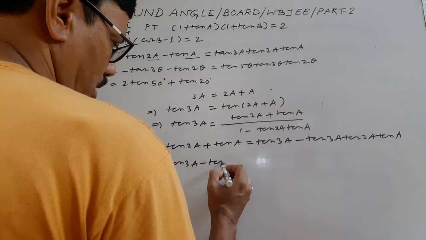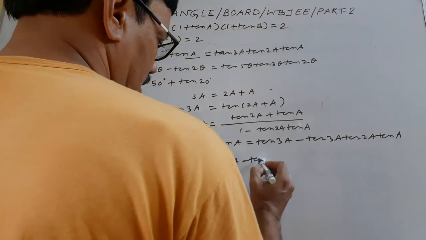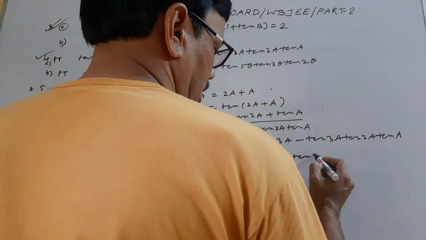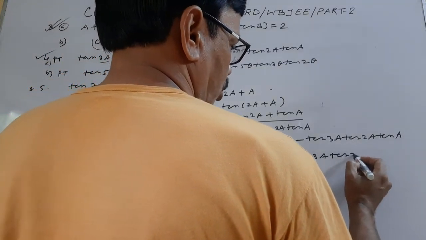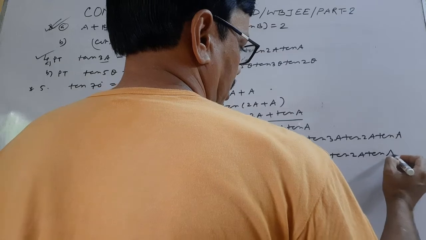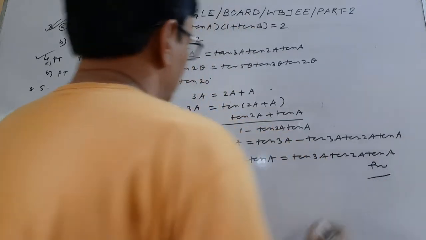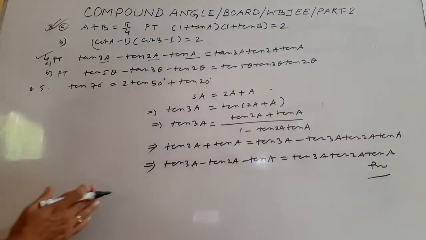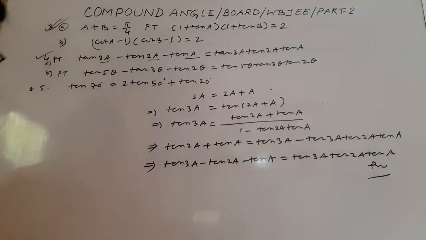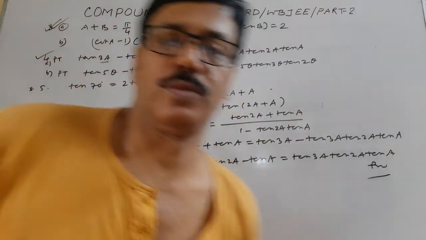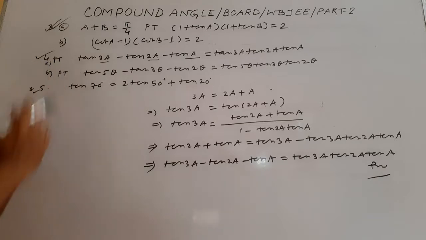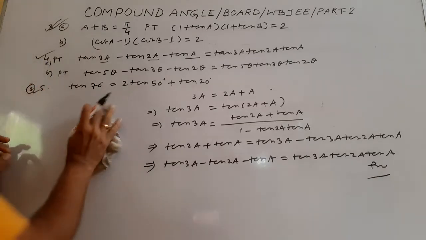Transfer this tan 2a to the right hand side, and this to the left hand side: tan 3a, tan 2a into tan a. So relation is not given, but you can find a relation among the angles. The second one is exactly the same. Next, problem number 5. This is an important problem, overall questions.